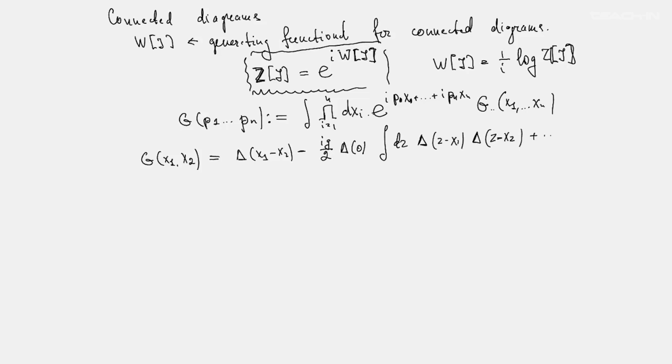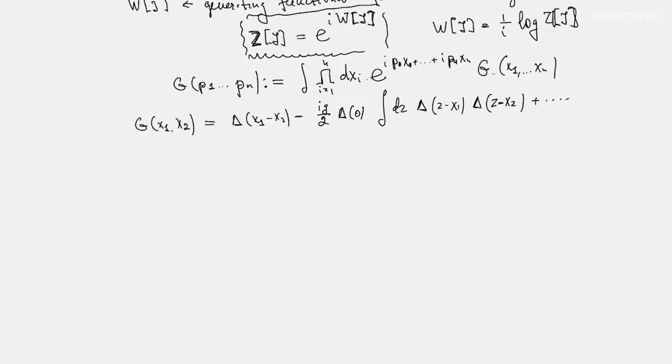Let's take a Fourier transform of the term at order g. So at order g, we will have the following expression: minus ig over 2, which is all that is left over from ig over 4 factorial times 12, Δ(0), and then there is this integral dz Δ(z minus x1) Δ(z minus x2).